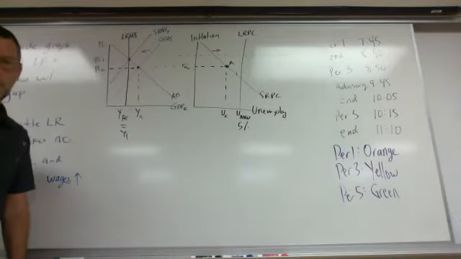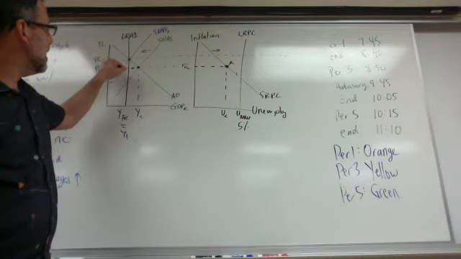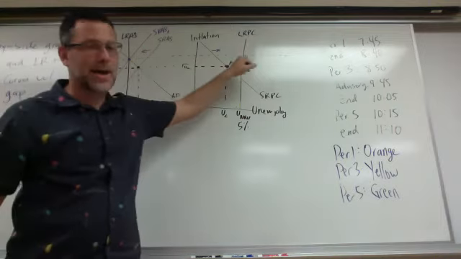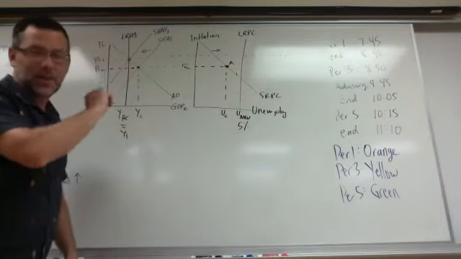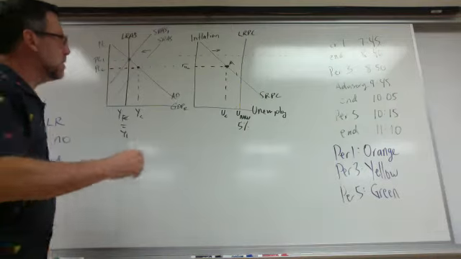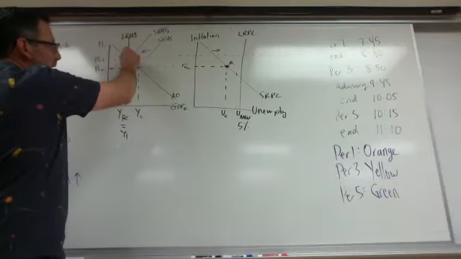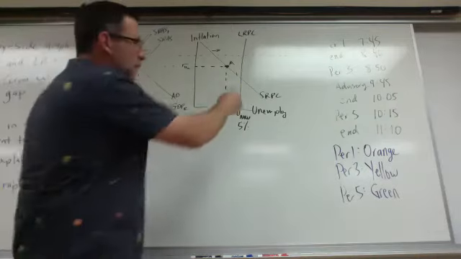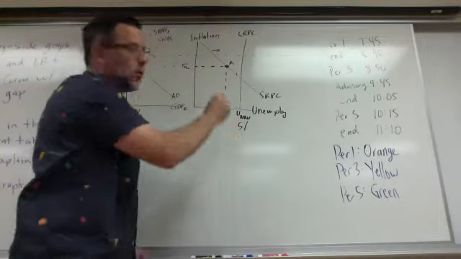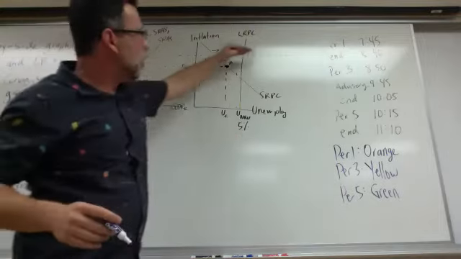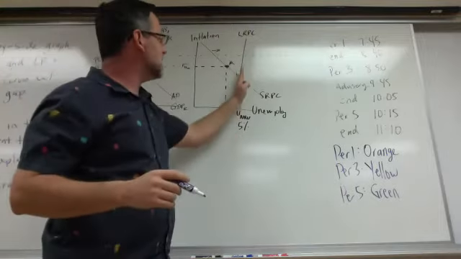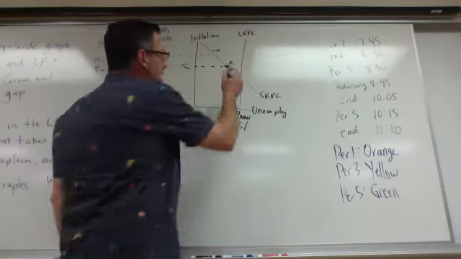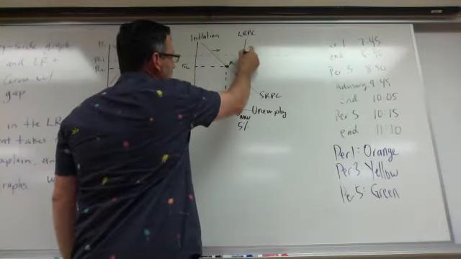My new intersection point has to be on this line because my Y values have to line up. Also, if I'm at full employment here, I've got to be at full employment here. So it's got to be on this Y and it's got to be on this X. That tells me my new point has to sit right here.